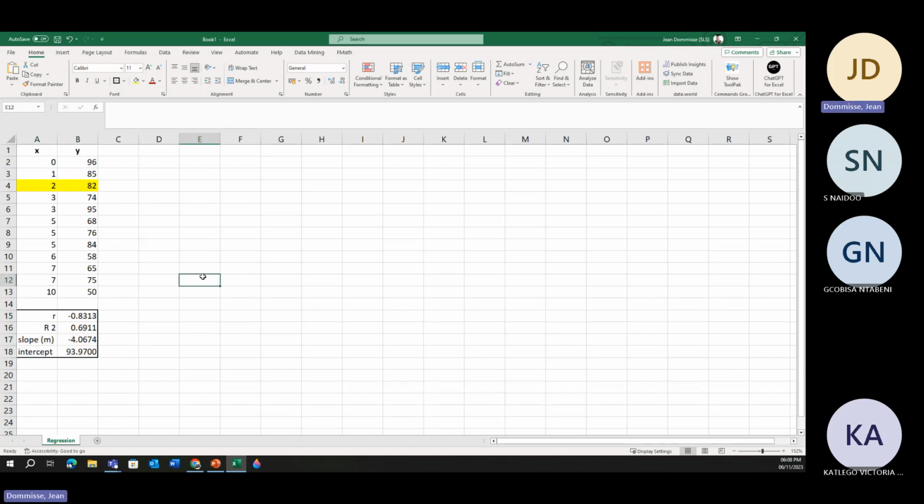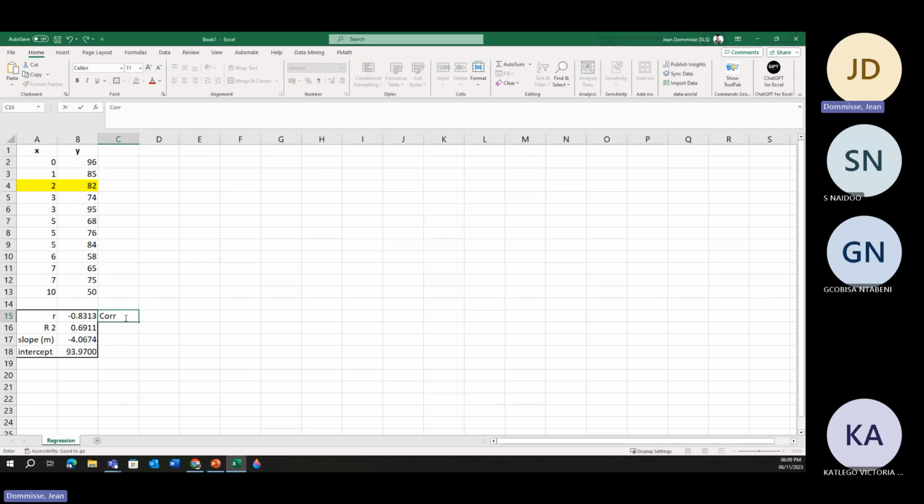So let me show you. Let's say that has changed and that has changed. You can automatically see your r square, slope, and intercept have changed. So you can use this as an example for the rest of your exams as well.